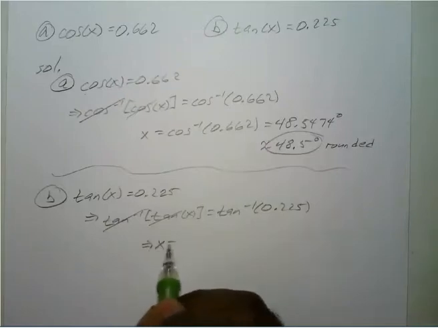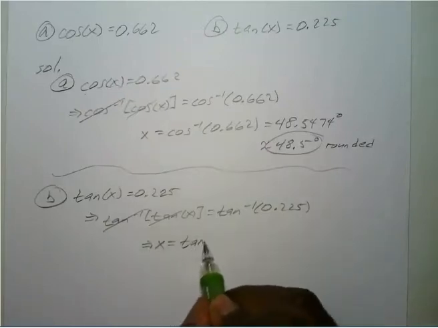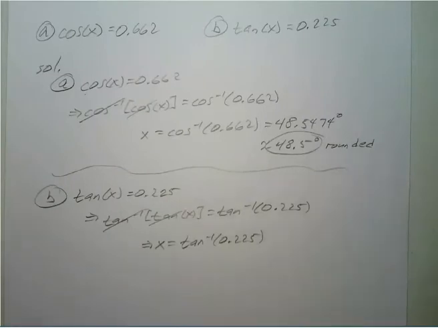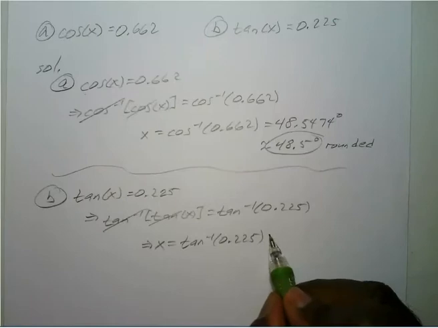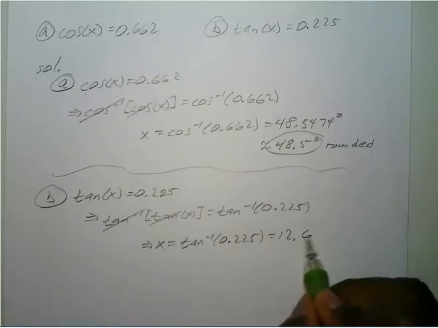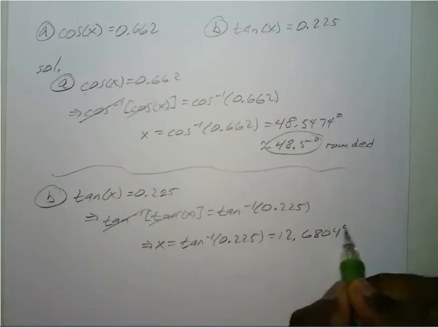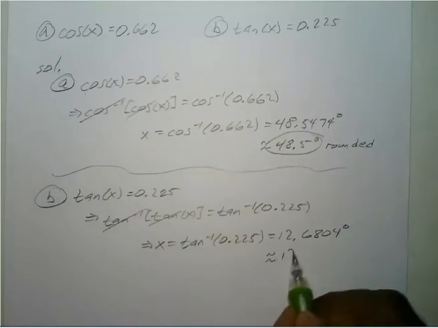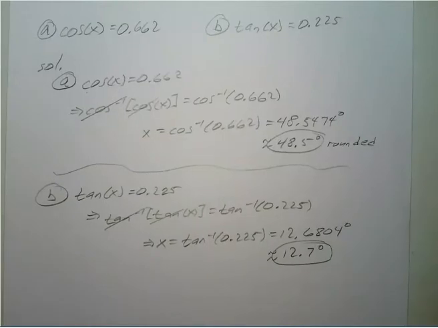So you have x equals tangent inverse of 0.225. Plug that into your calculator and you get 12.6804 degrees. Round that to the nearest tenth, you get 12.7 degrees.